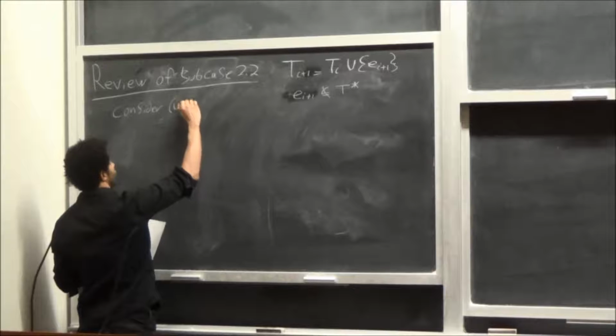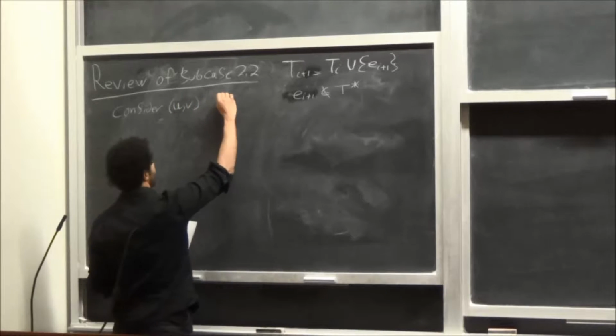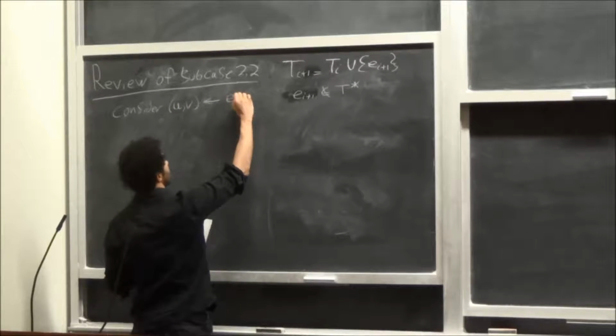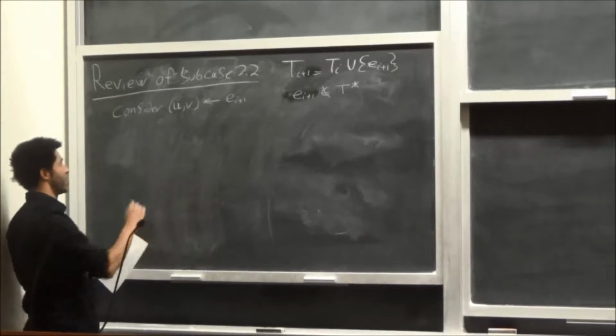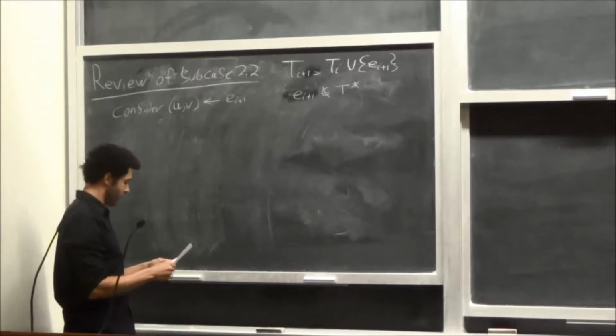Consider u, v, such that it characterizes e_i plus 1, or edge i plus 1 is uv, is that set.